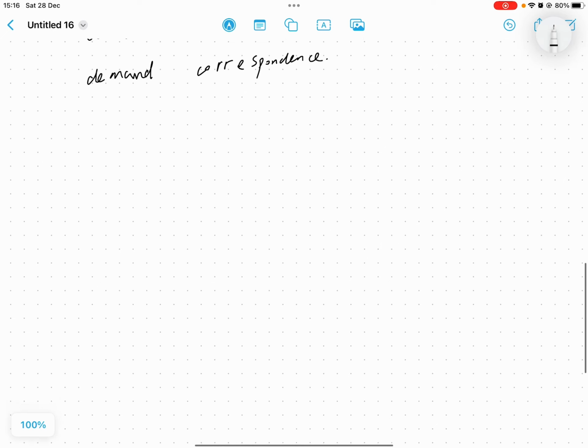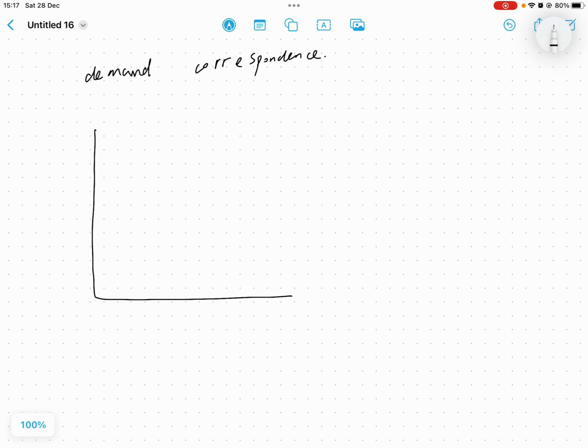Let's draw this picture. This would be x1 and x2, and this is the budget with this straight line. If this indifference curve is convex everywhere, then we only have this tangent point as the solution. In this case we can call this a function, so x will be just a point.